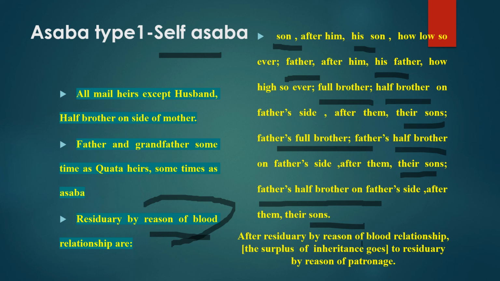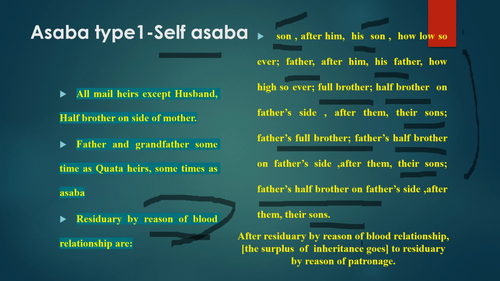Here one point, why I said "after him" repeatedly: if there is a son, the first asabatum bin nafs, he will take all the remaining money. If the son is there, nobody here will get anything. Only when the son is not there will the next get the residuary wealth.